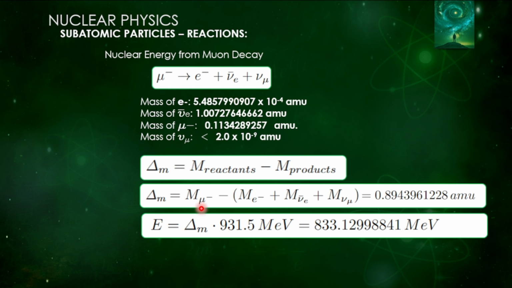So delta M is equal to the mass of the muon minus the total mass of the products, which is the mass of the electron plus the mass of the antineutrino plus the mass of nu mu, which equals 0.8943 AMU. E equals delta M times 931.5, which is 833.129 mega electron volts. That's a very powerful reaction. It's a very high energy being produced here, interestingly enough.